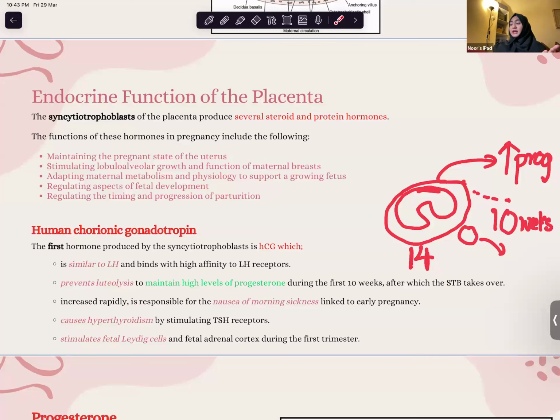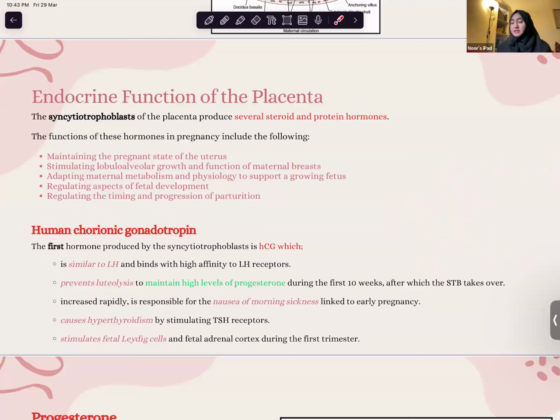Until 10 weeks there will be no luteolysis, as in there will be no breakdown of the corpus luteum, and this happens under the influence of human chorionic gonadotropin. HCG inhibits luteolysis to maintain the levels of progesterone until week 10, after which, like I told, the cytotrophoblast will start producing its own progesterone.